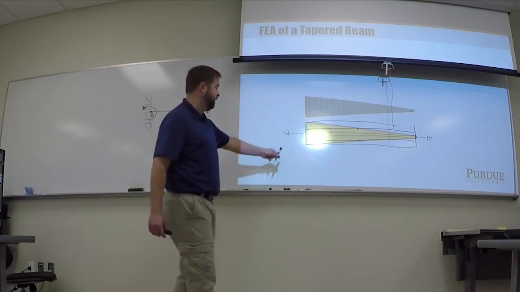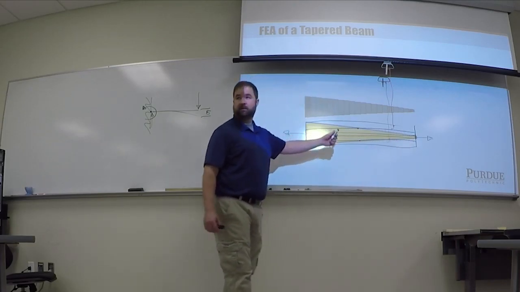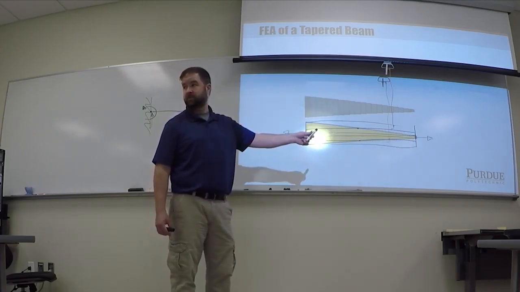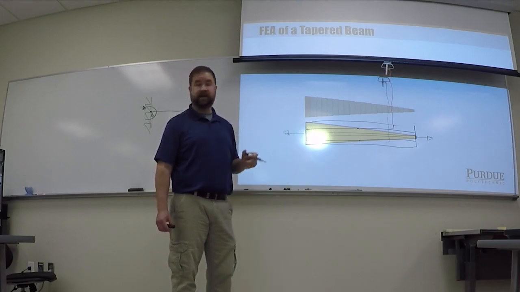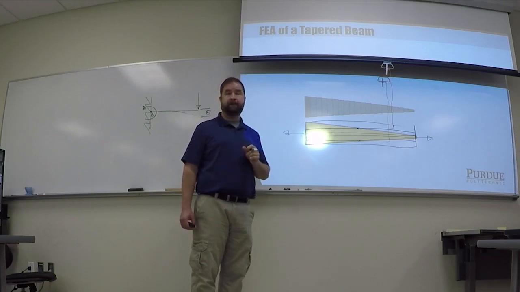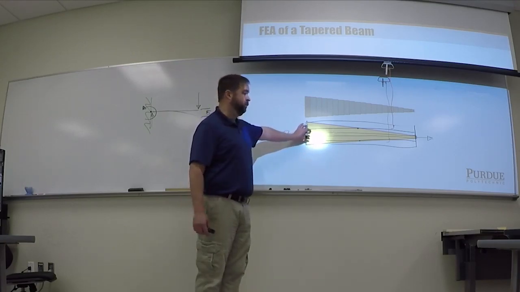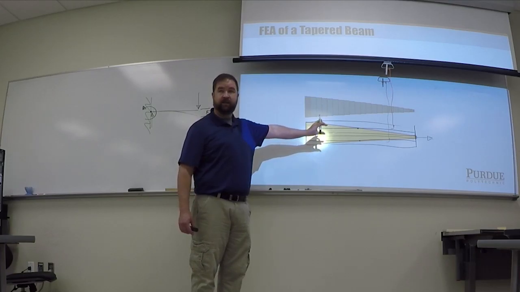So if it's 10 inches wide at this end and it's 1 inch wide at this end, then the average width would be 5.5, right? 11 divided by 2 would be 5.5, so the average width would be 5.5 by 1 inch thick. Okay? Do I understand that? So that would be the simplest thing, just a single rectangle that is average width.